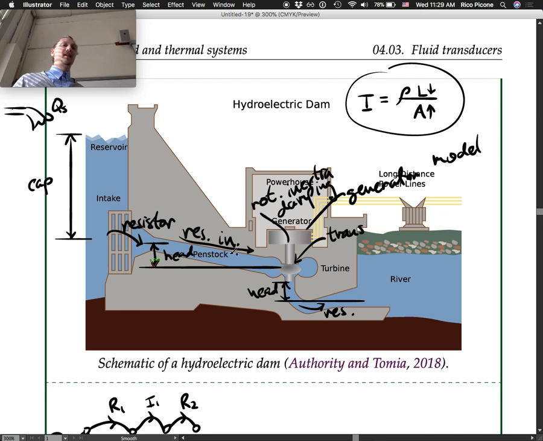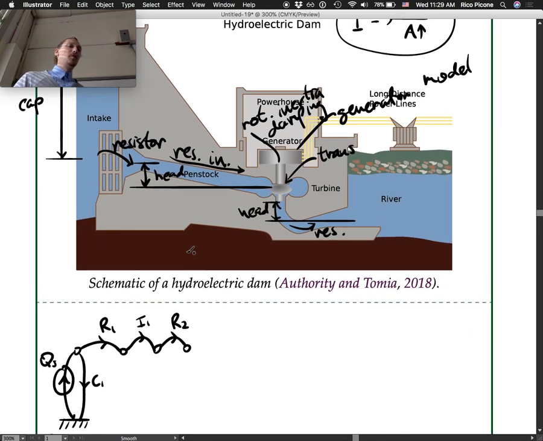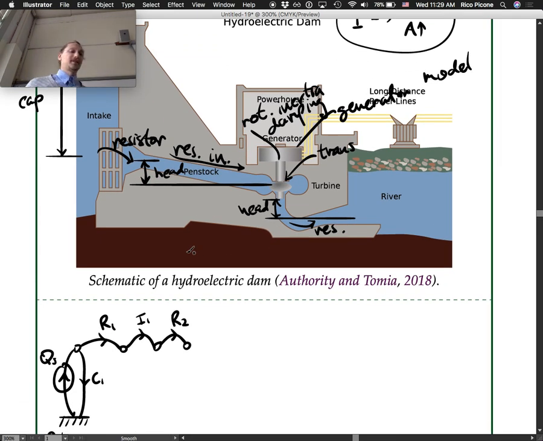This one, the head is never going to change between this location and that location. It's always going to be the same. So you would model that as a pressure source. Okay? So this is a pressure source. I'll call it PS1, because we're going to have another one.